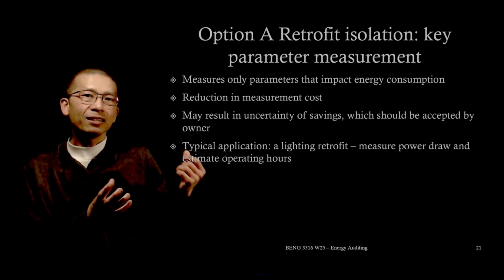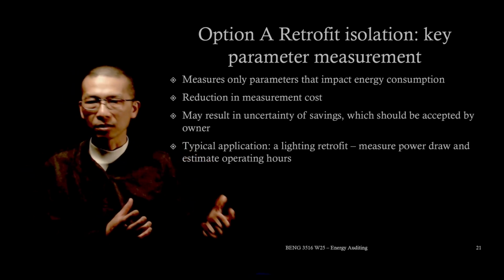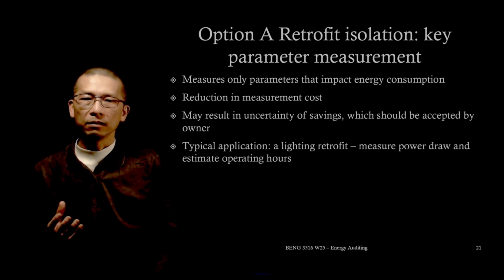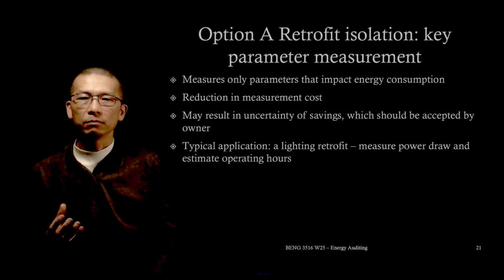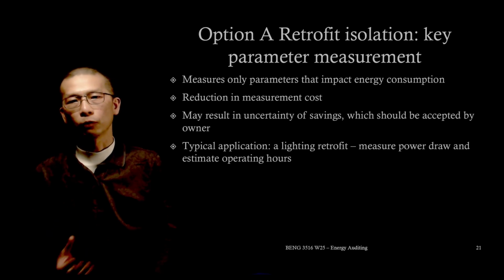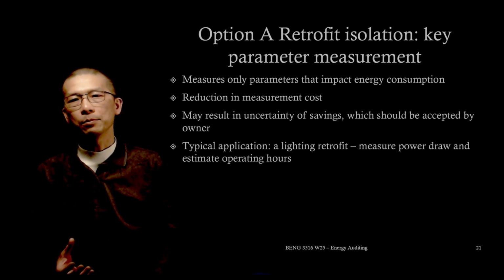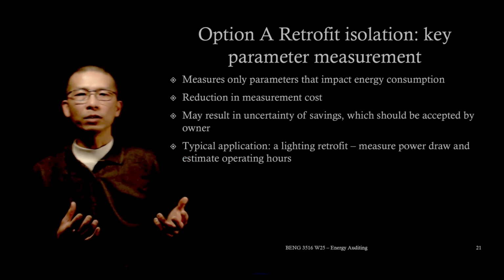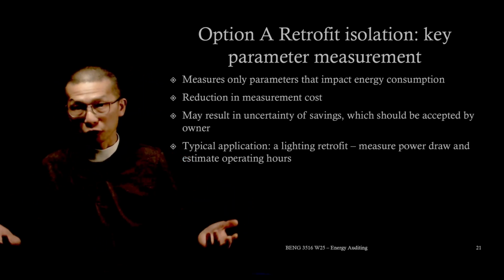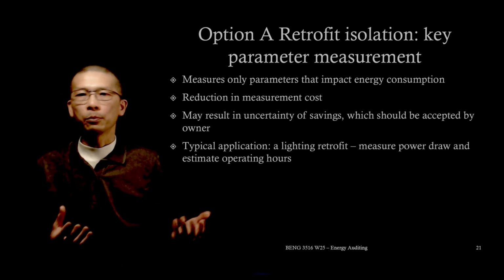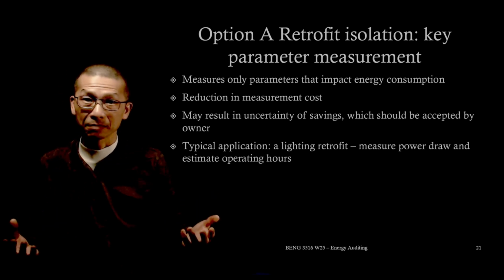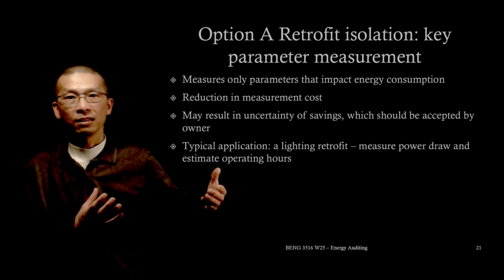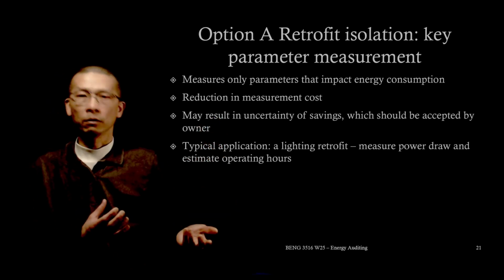It uses assumptions, past data, or engineering estimates for some key parameters like runtime. For example, say we have a lighting retrofit where only wattage reduction is measured, but the hours of operation are only estimated. We don't measure the hours the lighting system is on or off.